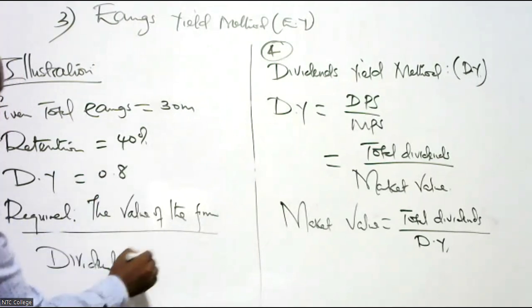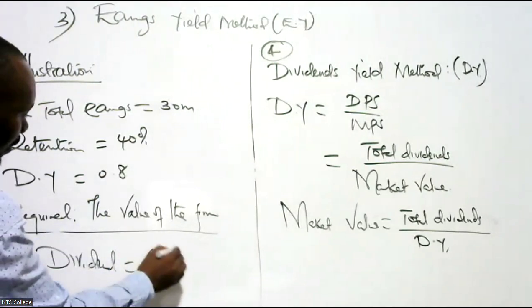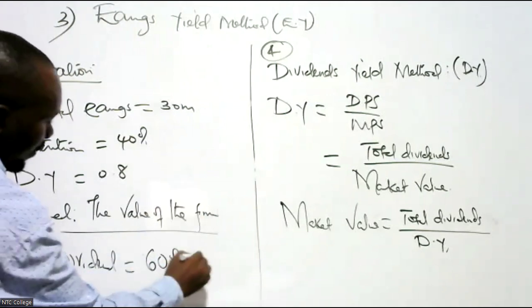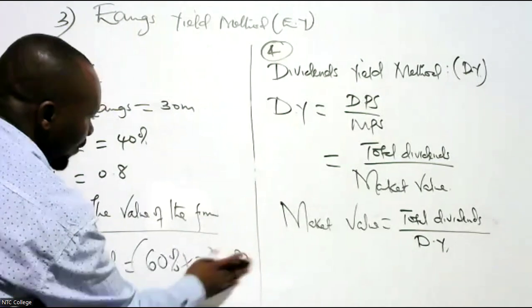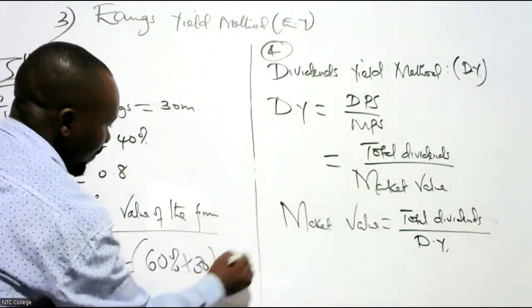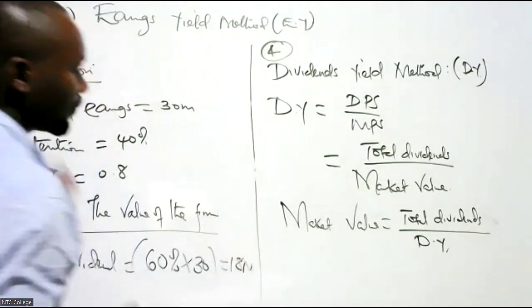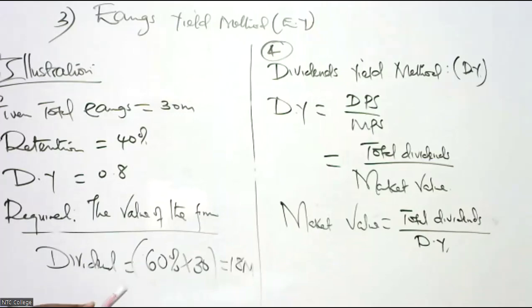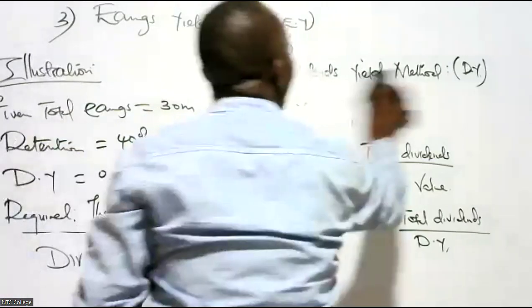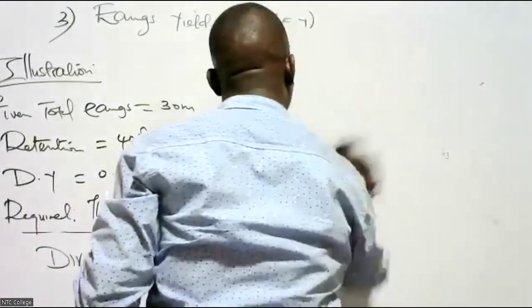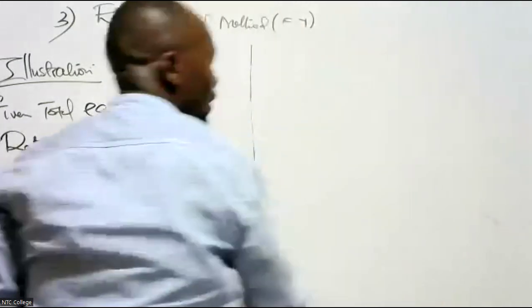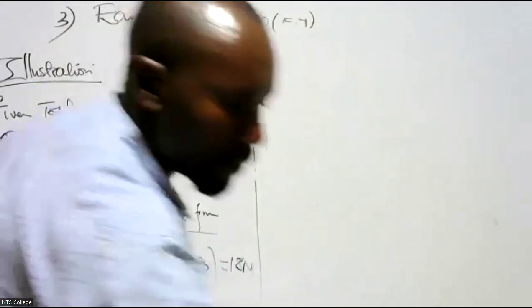If you retain 40, dividend is now 60% of the earnings, which is giving you 18 million. So we know now what we have paid as dividends, 18 million.